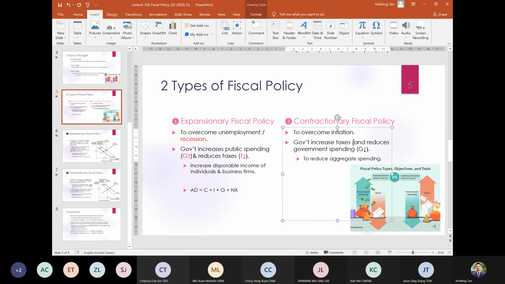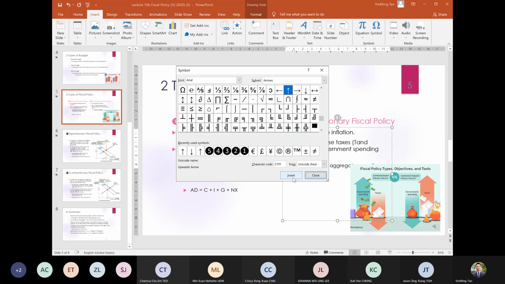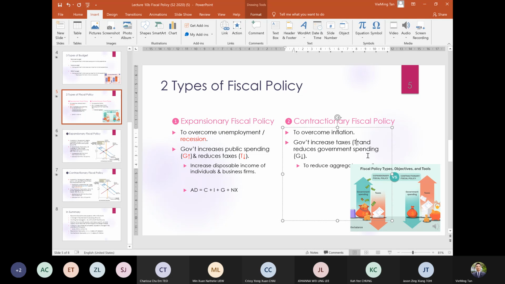That means the individual households and private firms have to pay more tax now. So by doing these two tools, this will reduce the AD.